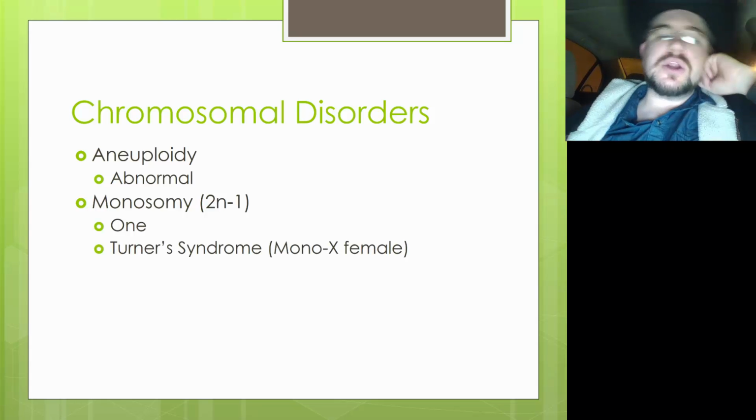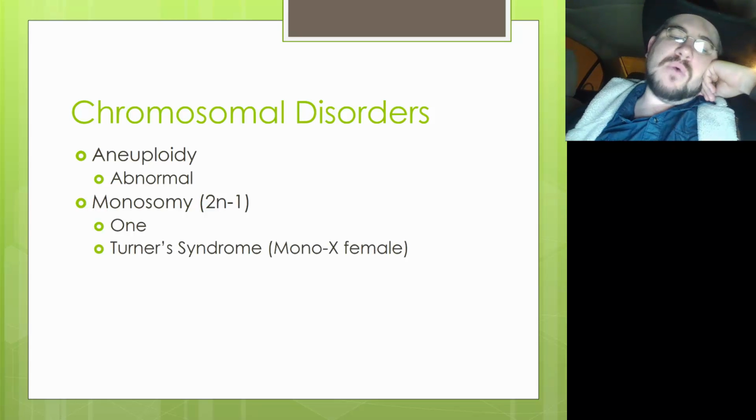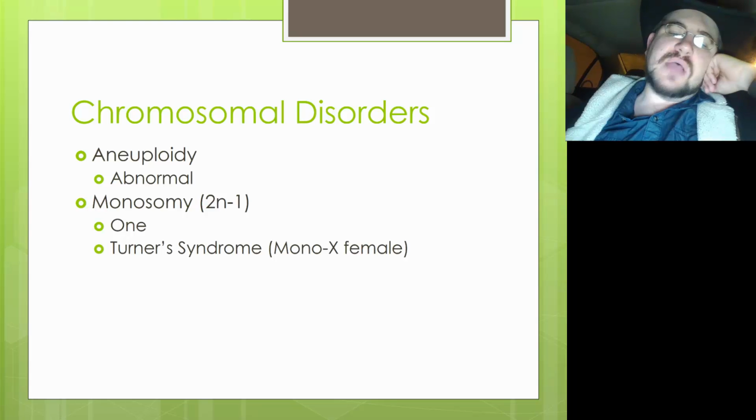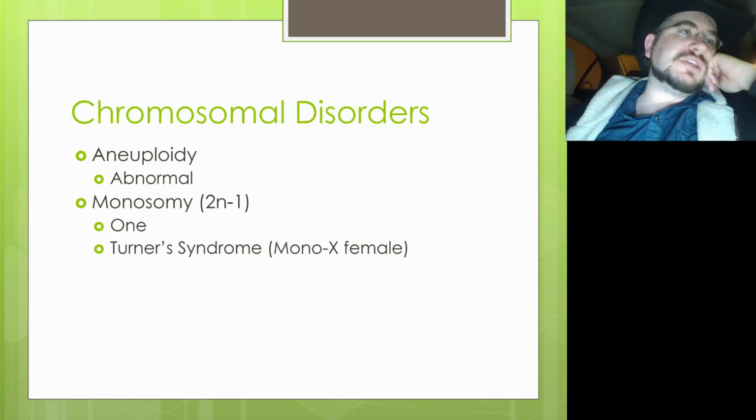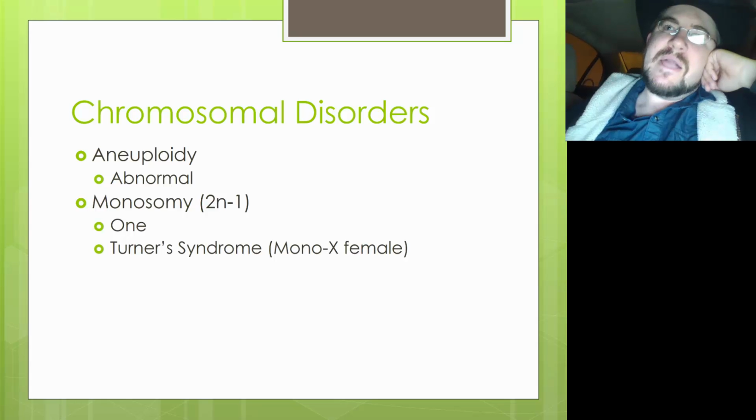You're missing one. Turner syndrome is a woman who has only a single X chromosome. With Turner syndrome, a woman is generally much shorter. She has very underdeveloped, if at all, breasts. She tends to have a much higher pitch voice, and is generally infertile.